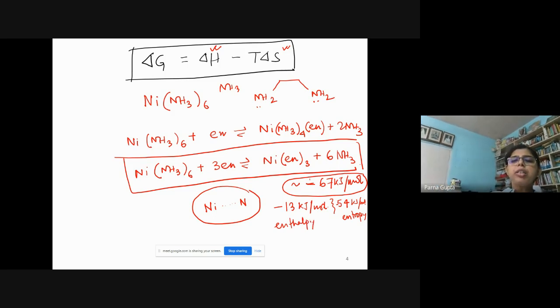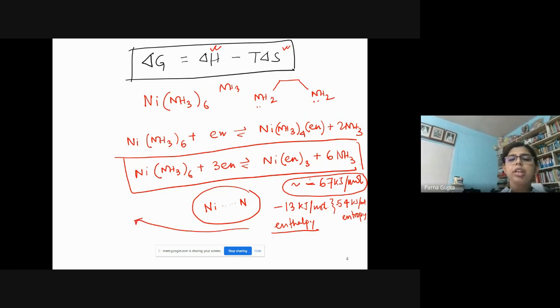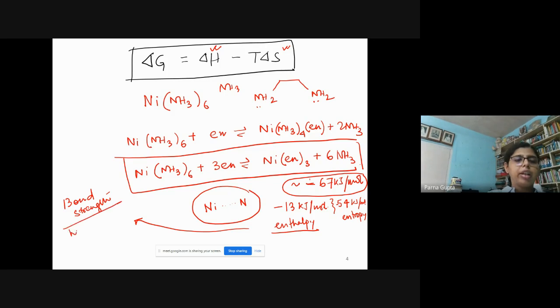Now, very roughly said, what takes care of the enthalpy of this type of metal complex reaction? The enthalpy is taken care of by the bond strength, then heat of hydration, then crystallization.